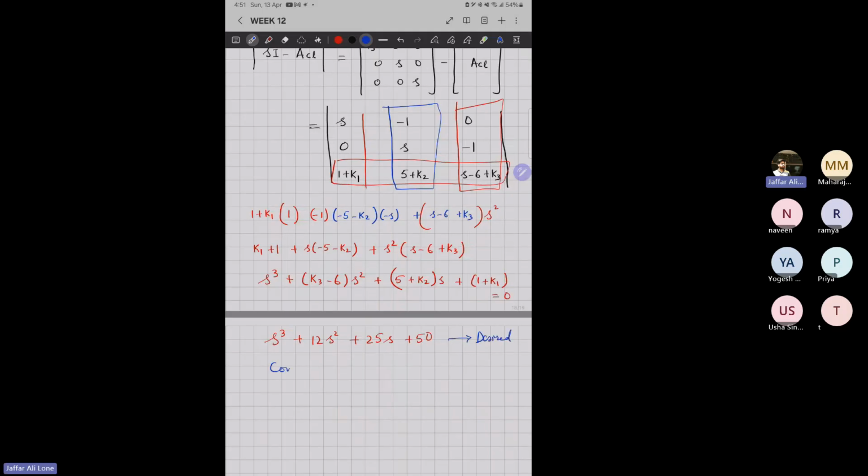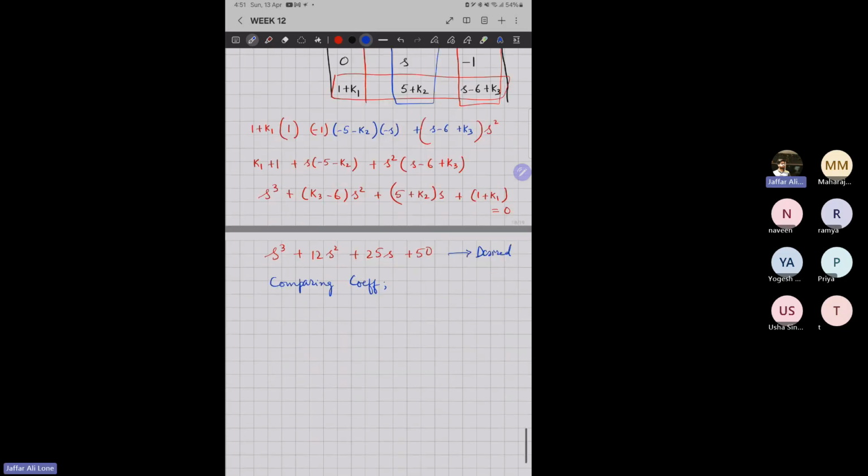Now comparing coefficients, we get K3 minus 6 equal to 12, which implies K3 is 18.